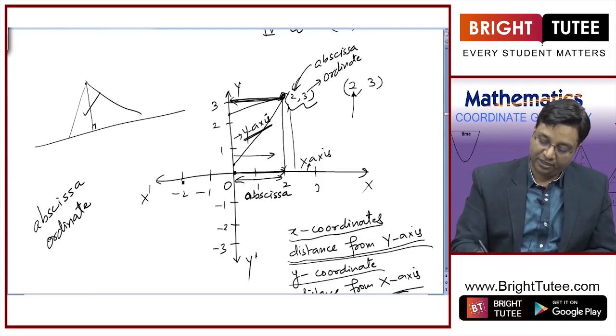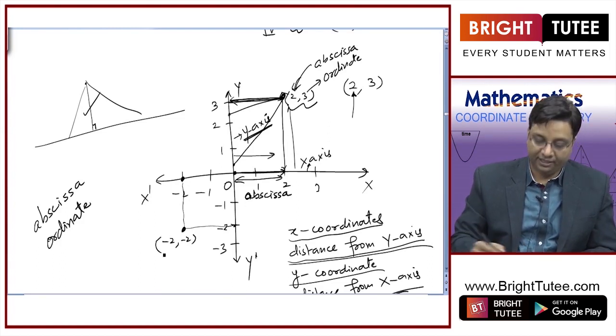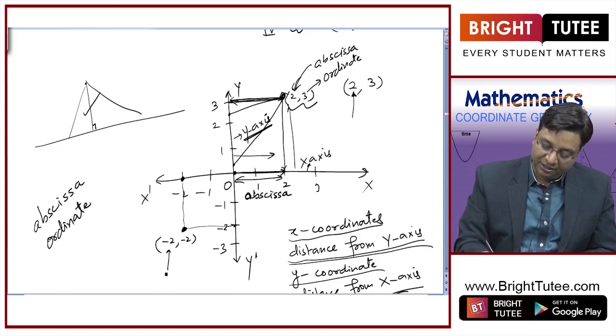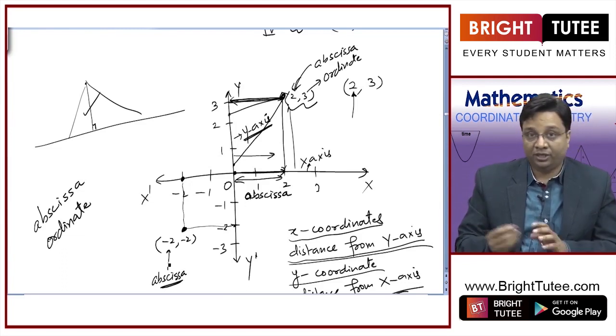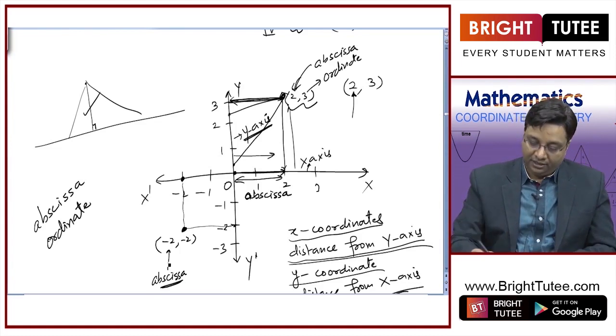And if I take another point, let us take minus 2, minus 2. So this point is (-2, -2), right? Now look at this. What is abscissa? Abscissa is minus 2. So abscissa and ordinate will have the signs also in them, right? So abscissa is minus 2, ordinate is minus 2.